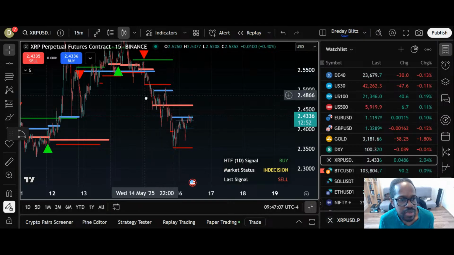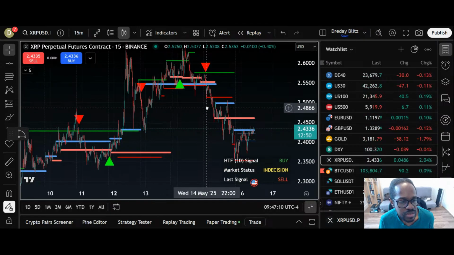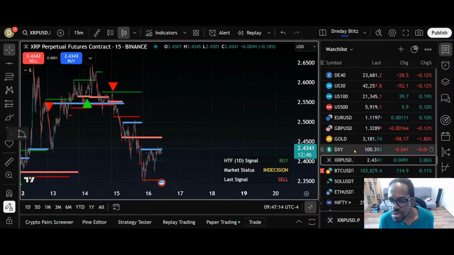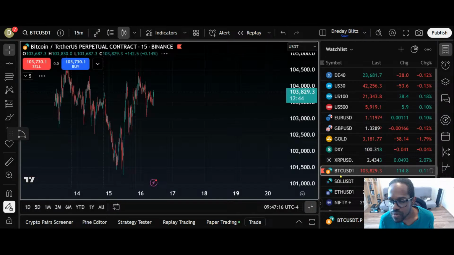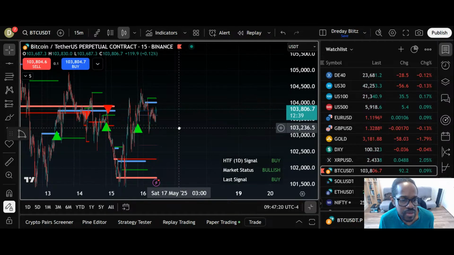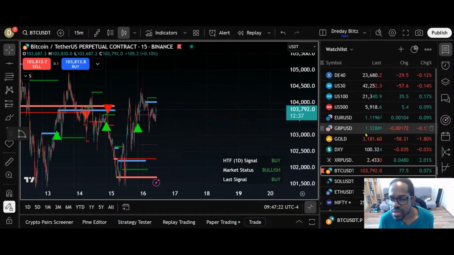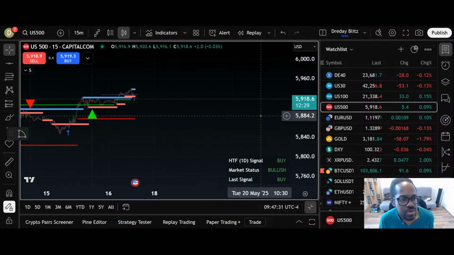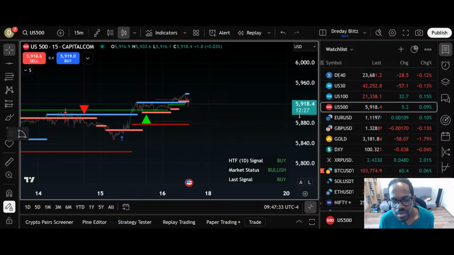So looking for a buy here on XRP. And looking for a sell on Bitcoin. Perfect.